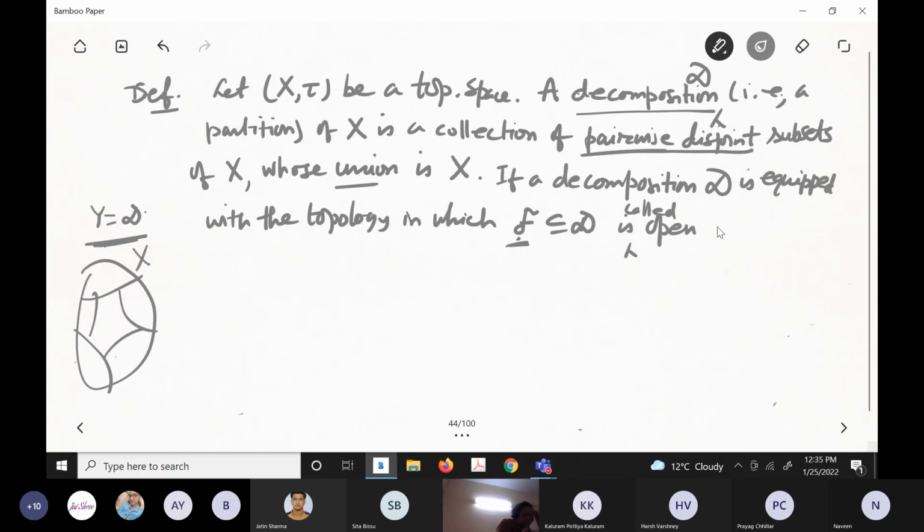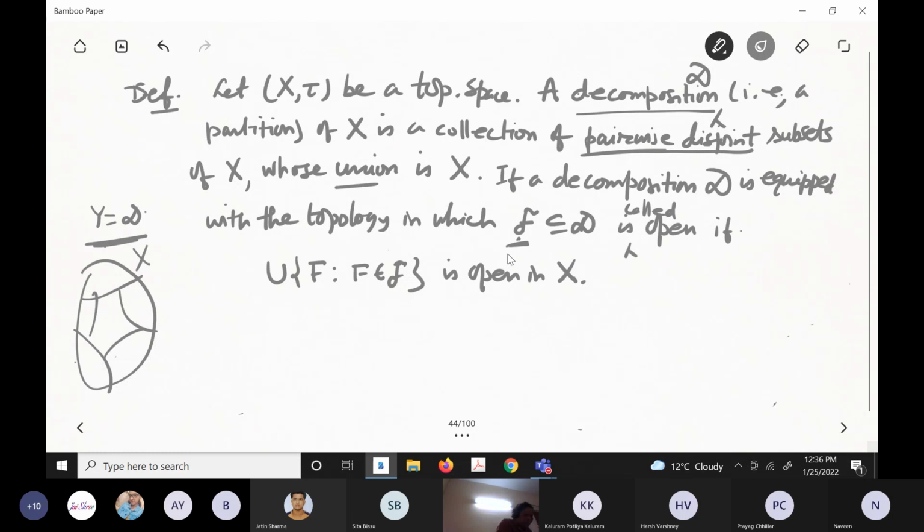If I told you what will happen, I have the union of this. I have taken two there, F1, F2, just to illustrate the example. So this will be a subset of X, and it is open in X. This I'm declaring.